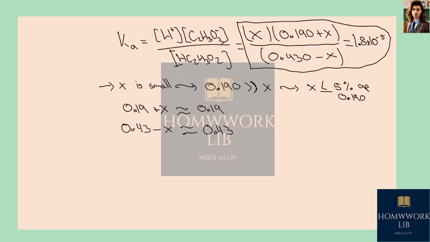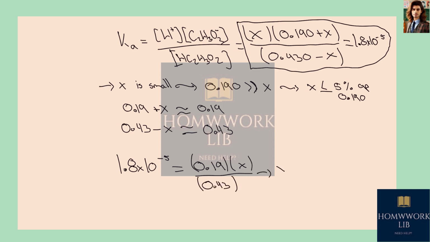So we can replace those directly in our expression for Ka. So we have 1.8 times 10 to the minus 5 equals, on the upper side, 0.19 times X divided by 0.43.